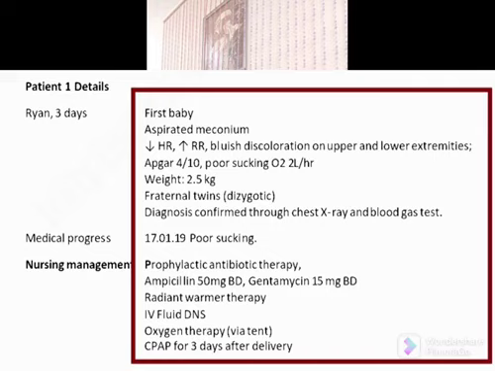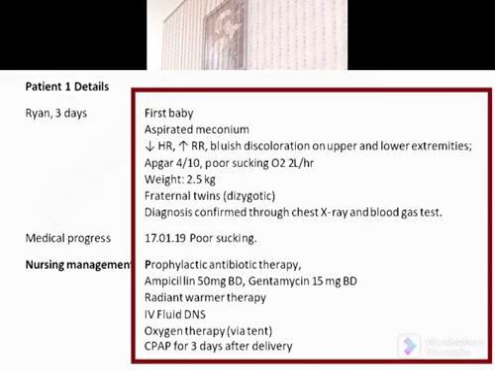And we can see the babies' case notes. The first baby is Ryan. Today he is 3 days old. The first baby aspirated meconium, and he has decreased heart rate, increased respiratory rate, and discoloration on the upper and lower extremities. So the APGAR score was 4 out of 10. Poor sucking, and they have given oxygen therapy. His weight was 2.5 kg. They are fraternal dizygotic twins.